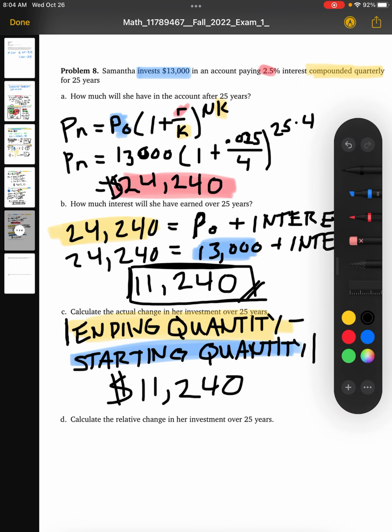Relative change says you take the actual change. There's a formula for this. We talked about it in the first couple weeks of class. So it says you take the actual change and you divide that by the starting quantity.